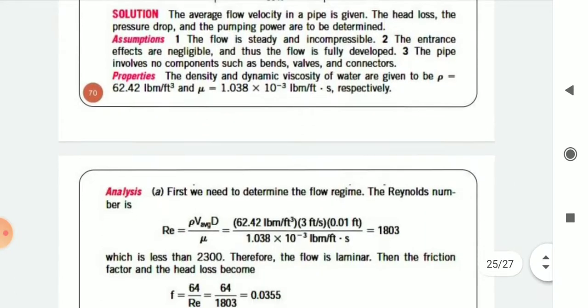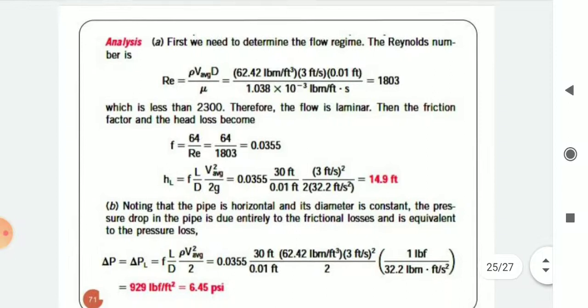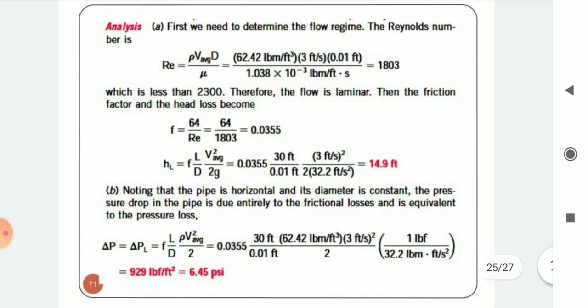Analysis for the first condition: first we need to determine the flow regime. The Reynolds number is Re equal to rho into V average into D divided by mu. By putting the values, we get the Reynolds number equal to 1803, which is less than 2300. Therefore, the flow is laminar.